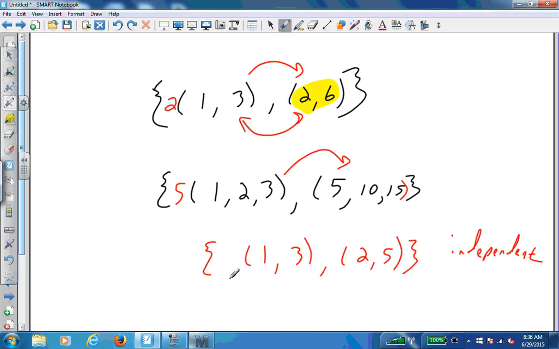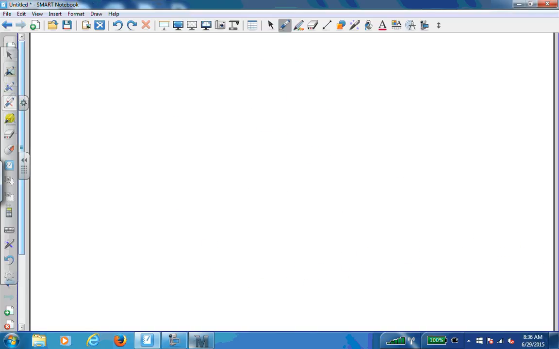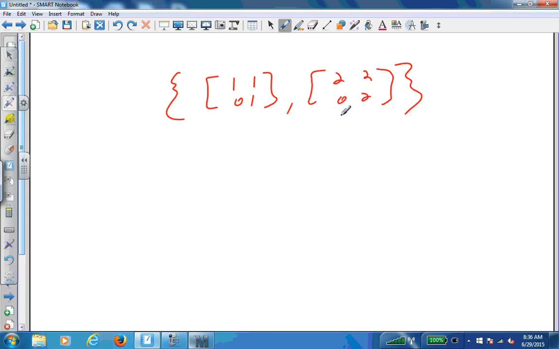So if you have two vectors, or it could be two matrices, we could have a set of matrices. I could have 1, 1, 0, 1, and 2, 2, 0, 2. If we only have two elements in our set, two matrices, two vectors, two polynomials, then for them to be dependent, one has to be a multiple of the other one.